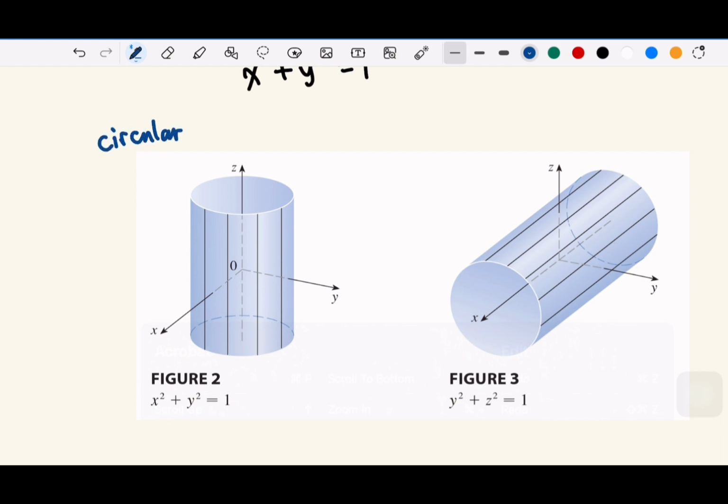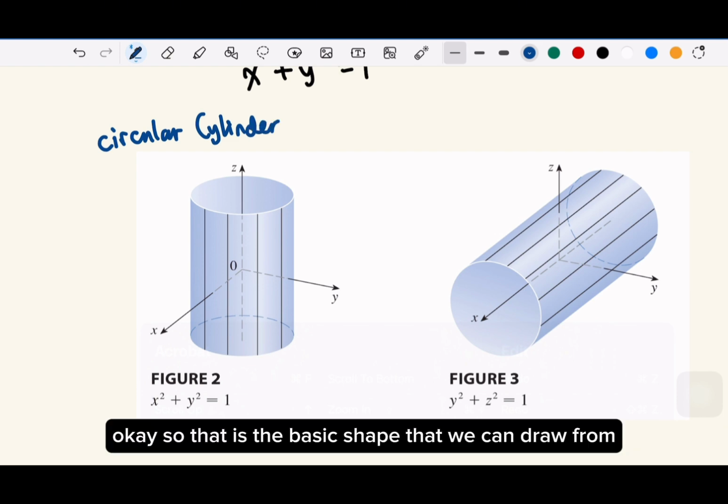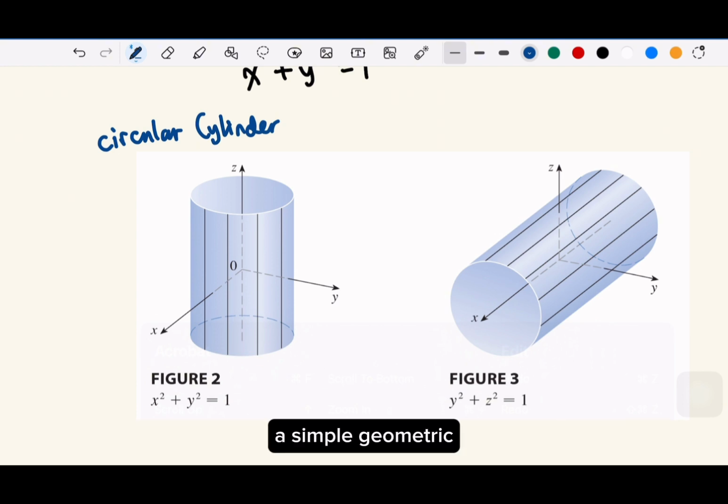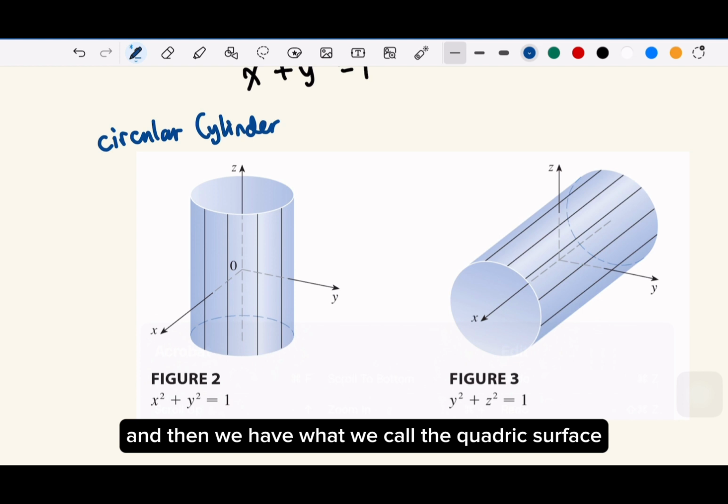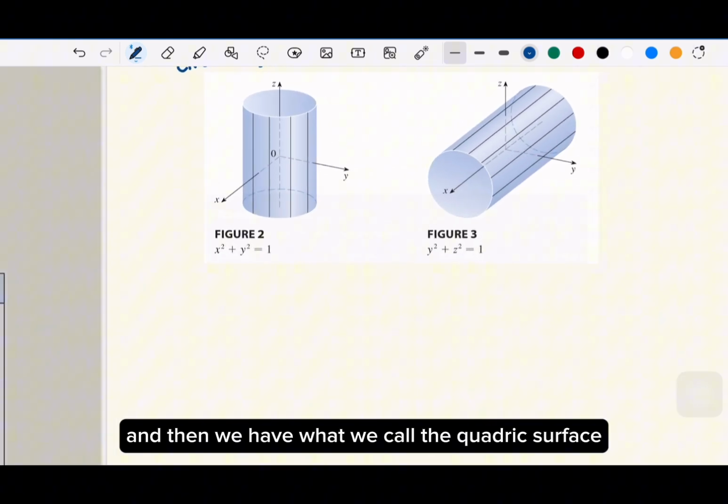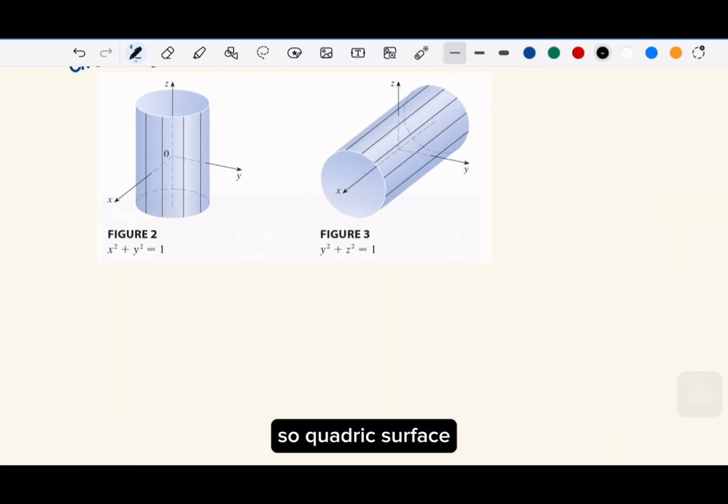That is the basic shape that we can draw from a simple geometric equation, from a quadratic equation. And then we have what we call the quadric surface.